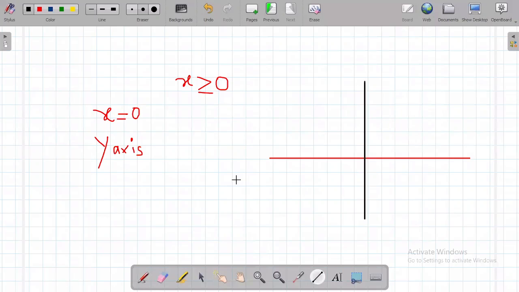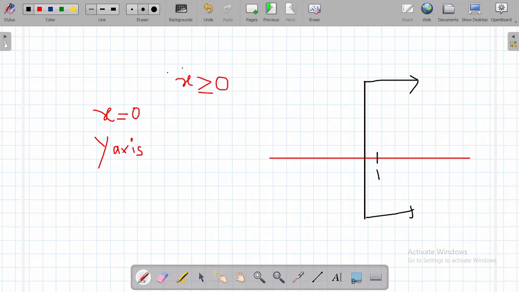x equals 0, and now x is greater than 0. So greater than 0 means, as you all know, the boundary region will be towards the right side, because these are greater than 0.